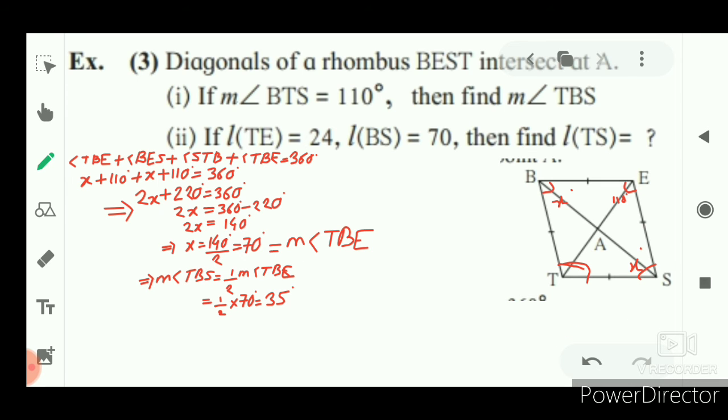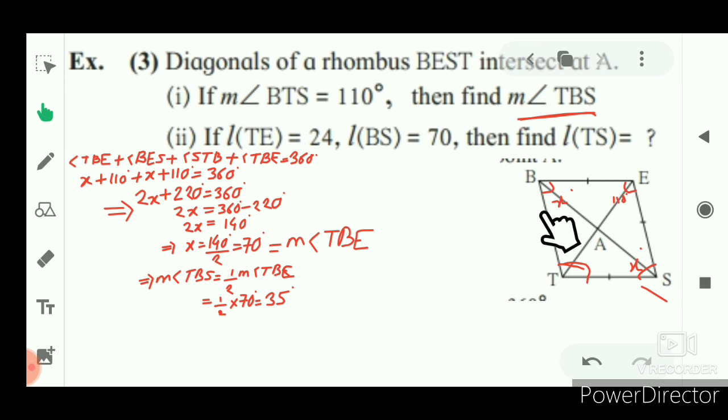But we have to find the angle TBS, this inner angle. We know the property of a rhombus is that the diagonals of a rhombus bisect the opposite angles. This diagonal BS will bisect the angle TBE into two equal parts.